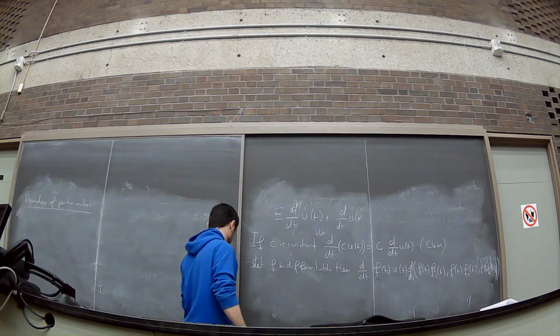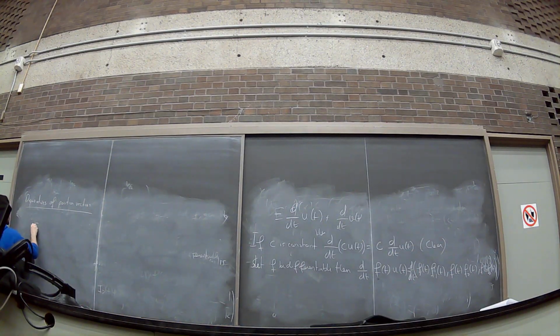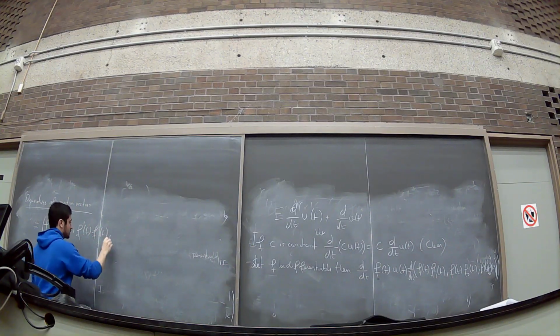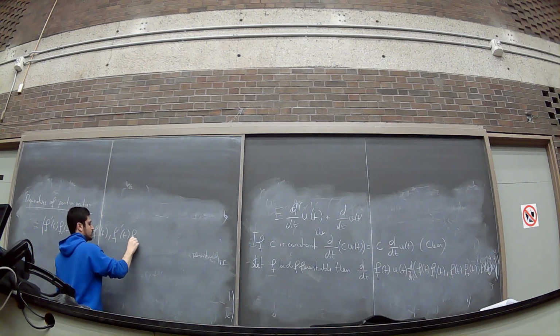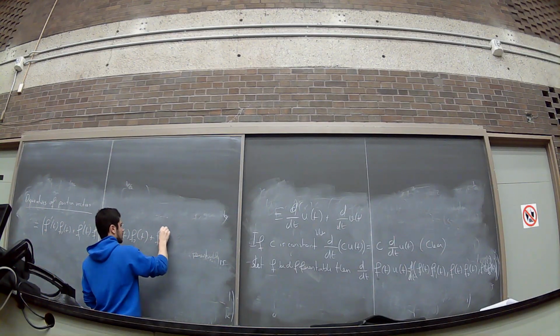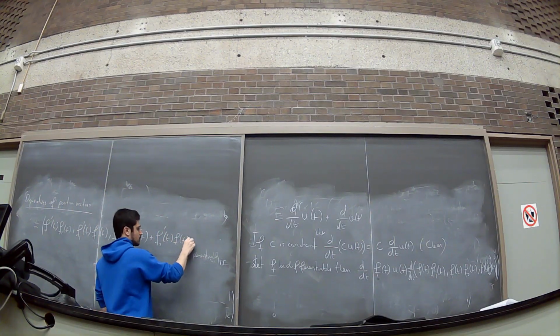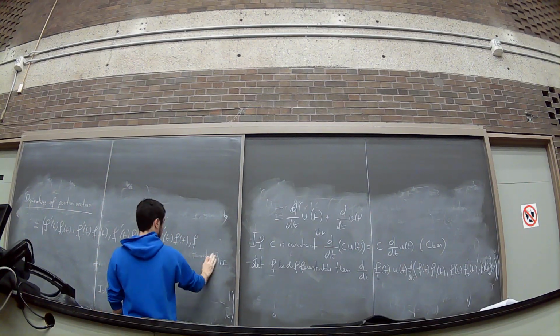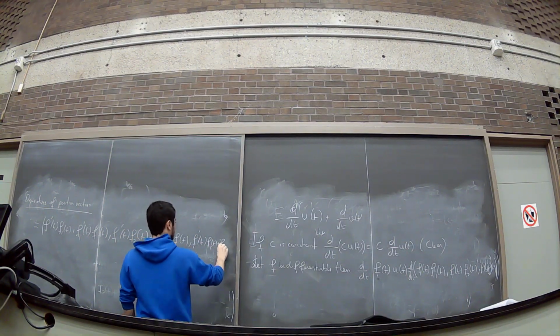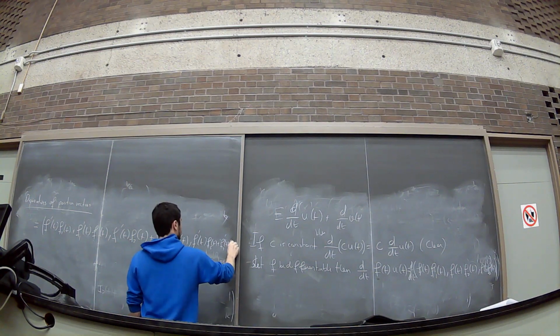What do you get here? This is equal to what? To f prime of t f1 of t plus f1 prime of t f of t, you agree? Do the same thing: f prime of t f2 of t plus f2 prime of t f of t, and then you get f prime of t f3 of t plus f3 prime of t f of t.